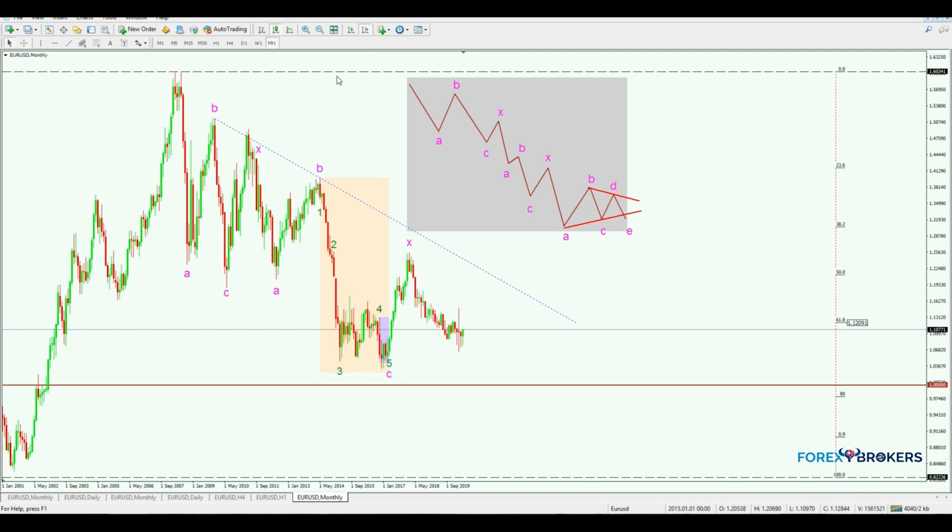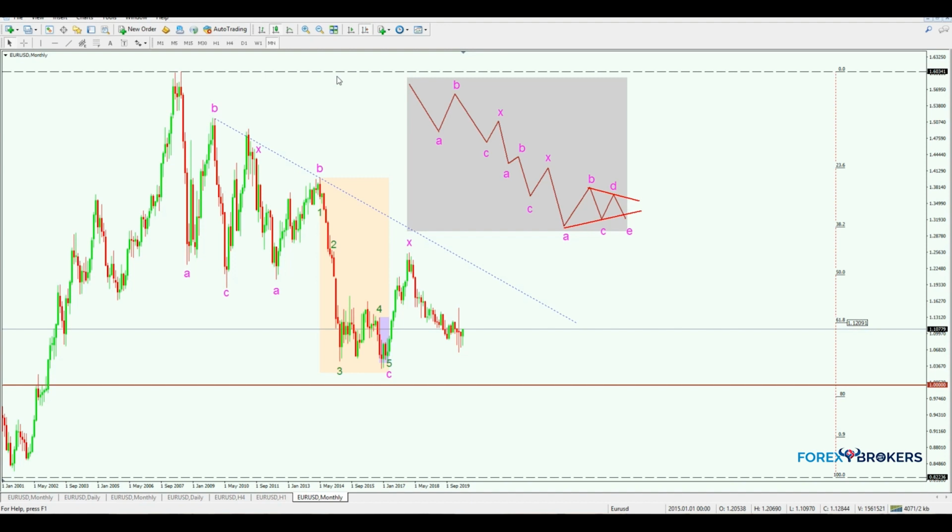Then the next thing to ask yourself as an Elliott waves trader is, all right, this is a corrective wave, what kind of corrective wave? You start with the basic corrective waves that we know from the academy: zigzag, flat, or triangle.